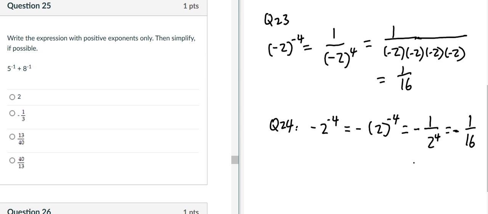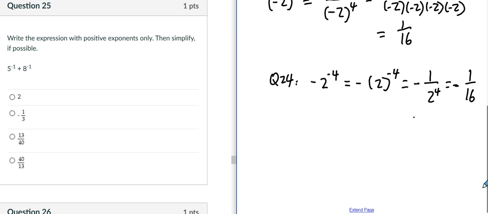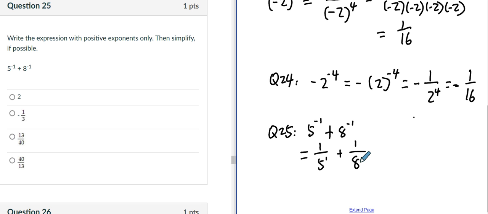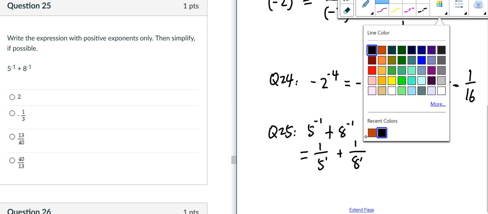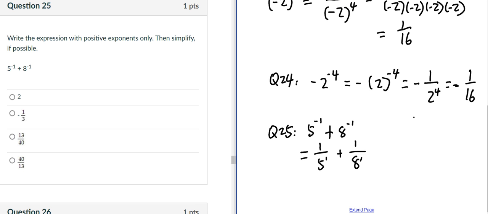Now here comes up 25. We have a 5 to the negative first power and 8 to the negative 1. We know there's 1 over 5 to the first power if you want to keep the exponent. Here is the same thing. Now, you want to add 1/5 and 1/8 together.